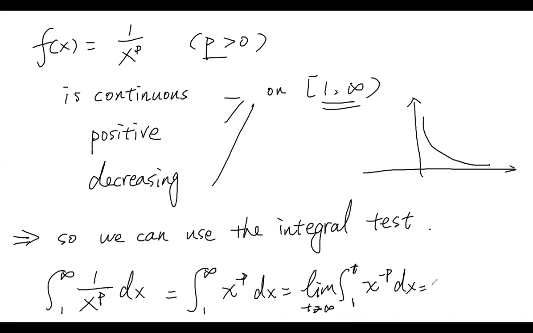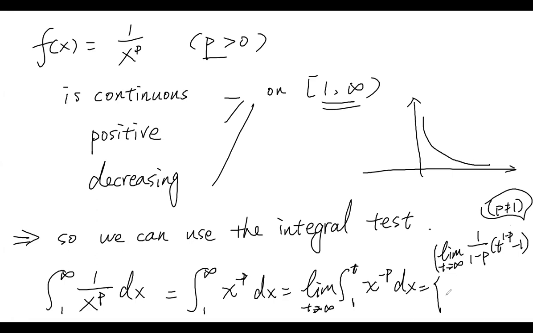And this is equal to the limit as t approaches infinity of 1 over 1 minus p times t to the 1 minus p minus 1. This is when p is not equal to 1, where you just directly apply the integral formula for a power function.